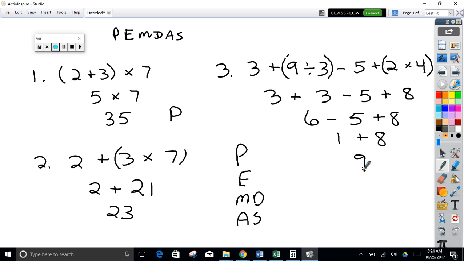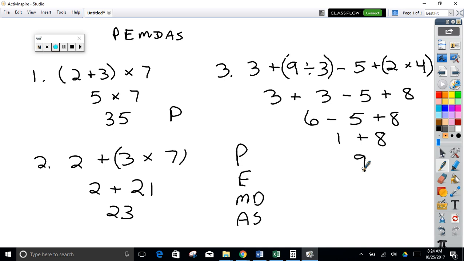So you wouldn't end up with the same answer. Now, if you were to rewrite this all as addition, so you rewrote this as 3 plus negative 5 plus 8, then you could add in any order and it would be okay. Because addition is commutative, but subtraction is not commutative. So subtraction, you do have to do in order.